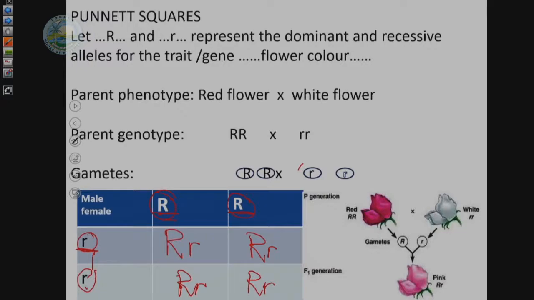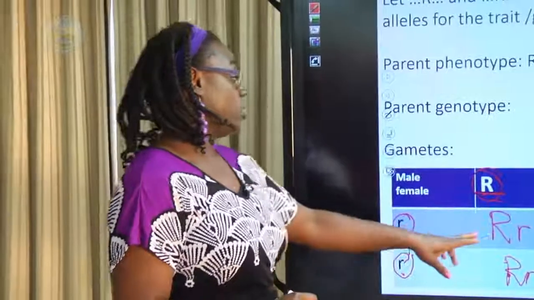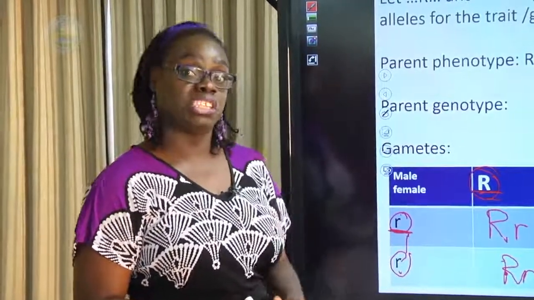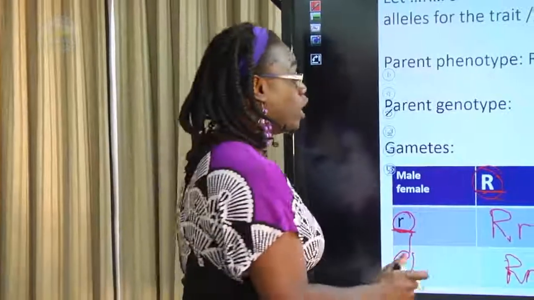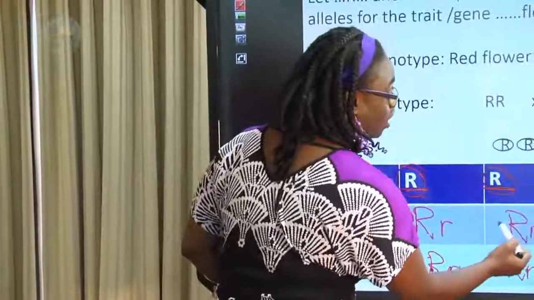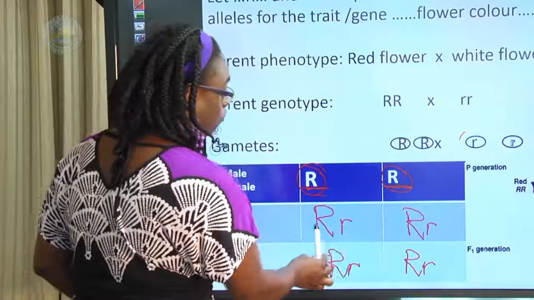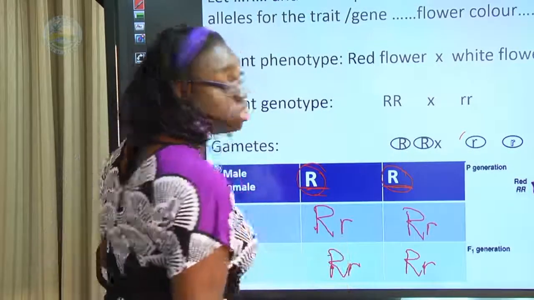Now remember, this is a case of incomplete dominance. So the dominant allele does not completely suppress the recessive allele. So we are going to have all pink flowers because we have blending of both the red and white traits.